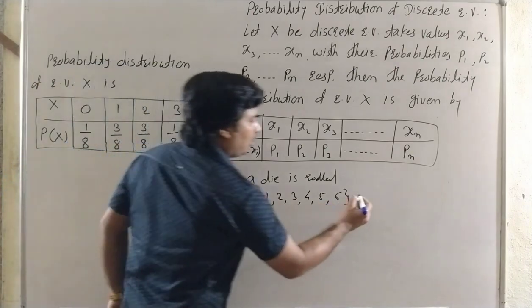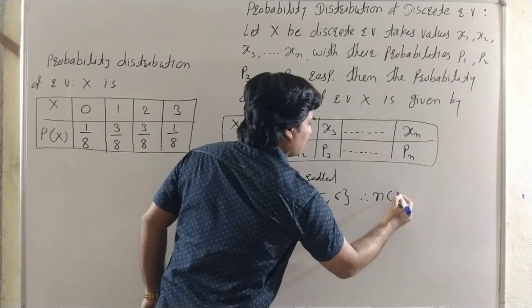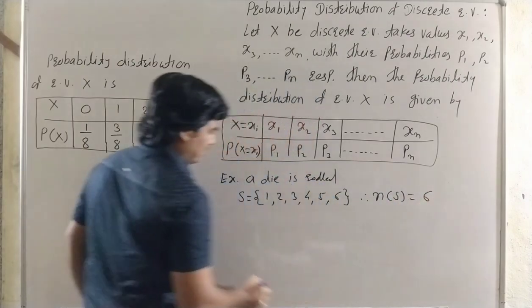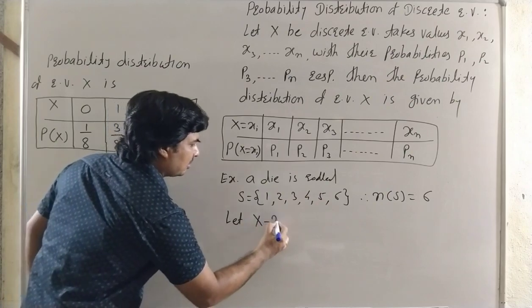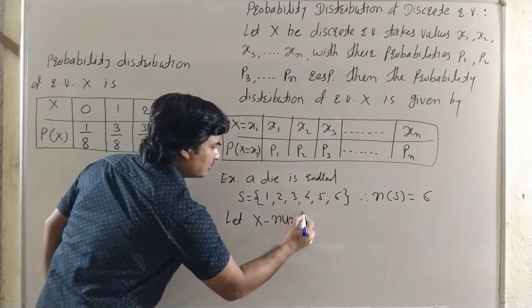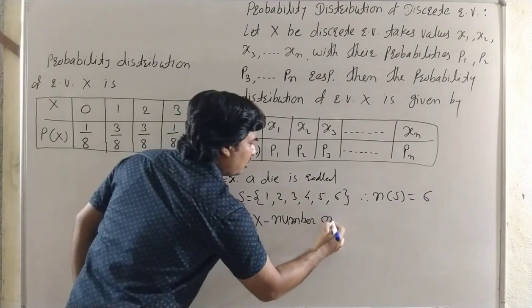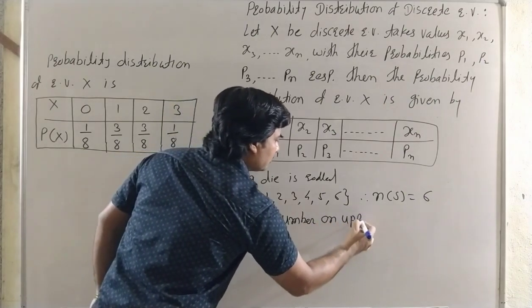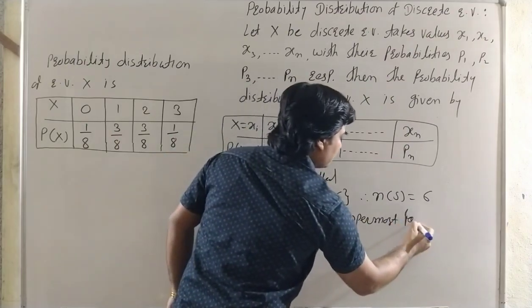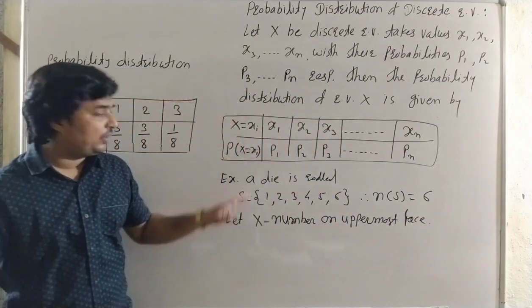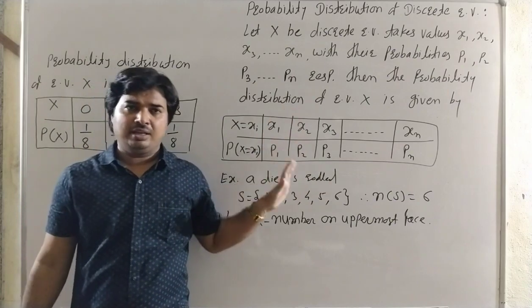Therefore the number of outcomes is 6. Now let us take a random variable x, the number on the uppermost face when a single die is rolled.